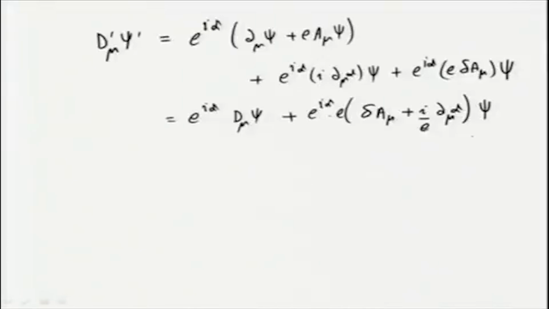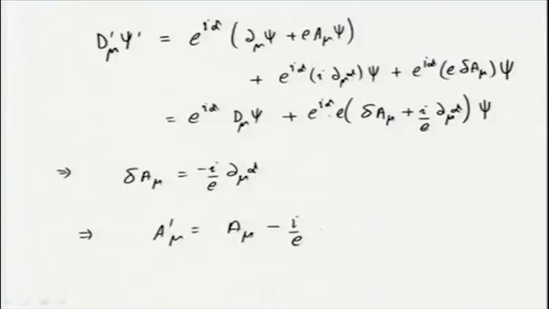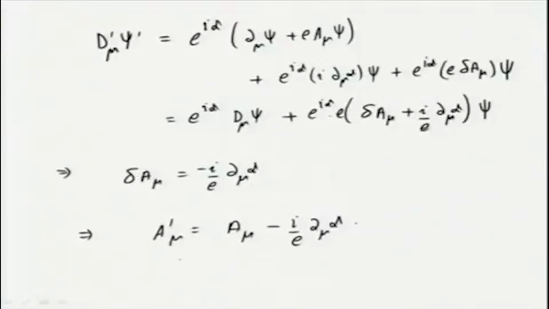Okay. So, for this to cancel, I have to have delta A mu equal to minus i over e dou mu alpha. So, that will tell you that A prime mu is equal to A mu minus i over e dou mu alpha. So, this is clear.